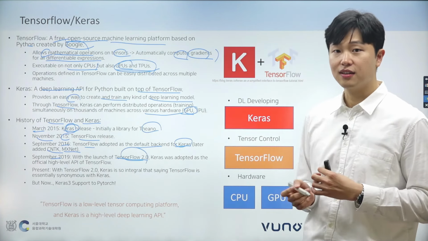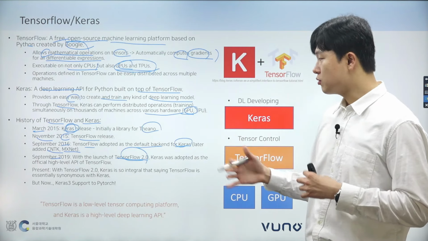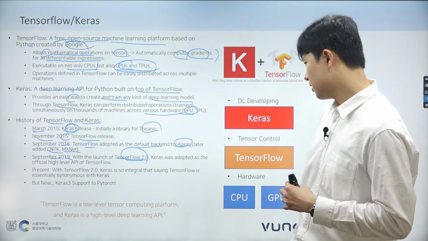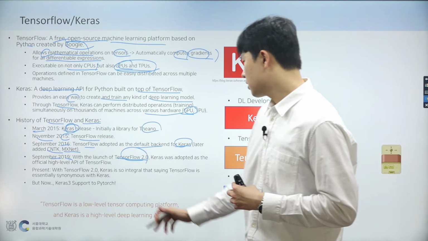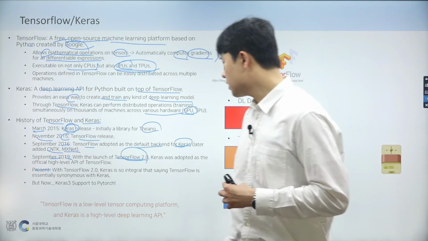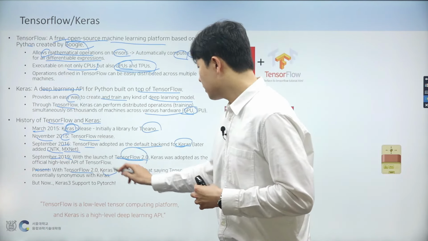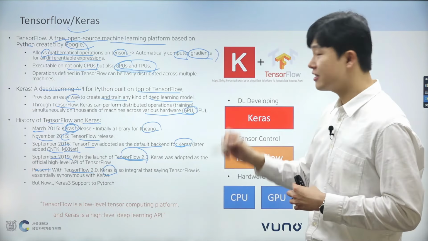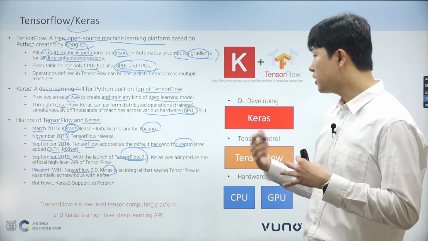Keras aimed to simplify the process of deep learning development with a high-level, user-friendly interface, while TensorFlow sought to enhance its accessibility and ease of use without sacrificing the power and versatility it was known for. So now, with TensorFlow 2.0, Keras is so integral that saying TensorFlow is essentially synonymous with Keras. So, these two, which started as distinct entities, combined into one.